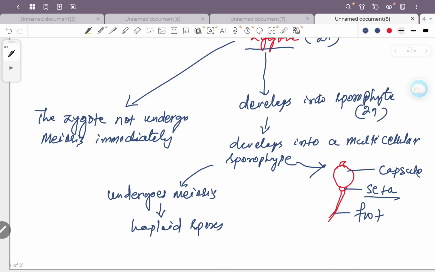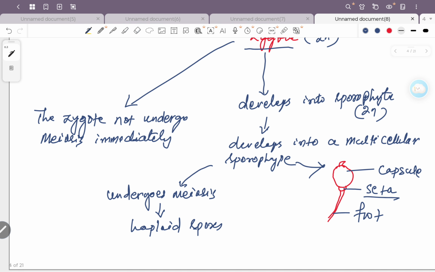It produces haploid spores, and now this haploid spore germinates into gametophyte. Okay, and this life cycle is repeated.